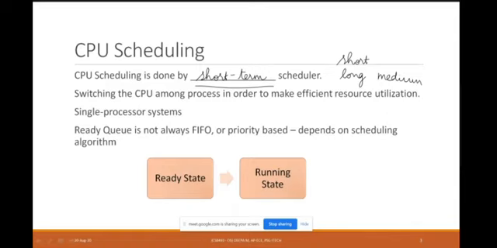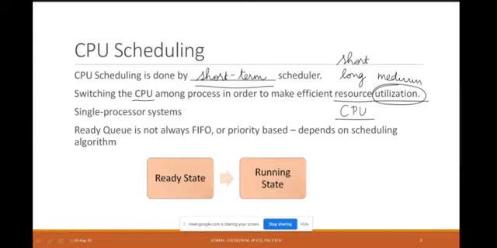CPU scheduling means you are going to switch the CPU among the processes so that you're going to have proper resource utilization or CPU utilization. We are going to switch the CPU among the different processes which are available in order to have a good utilization of all the resources.